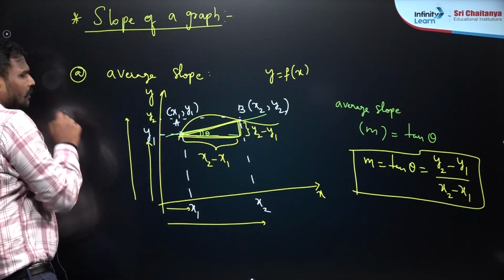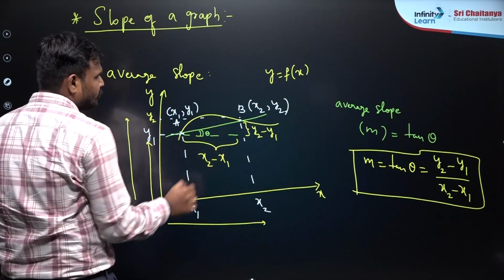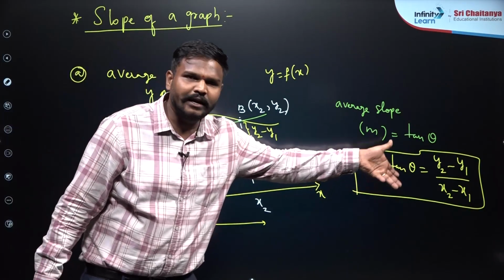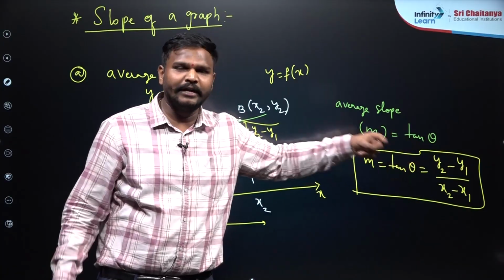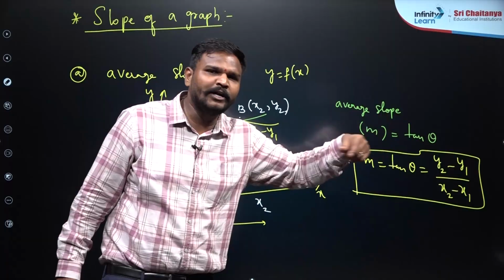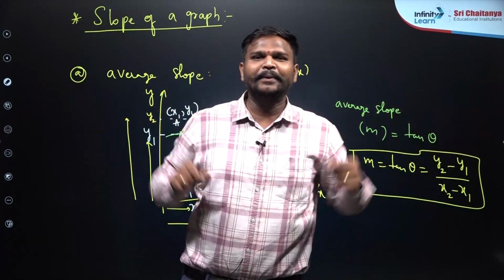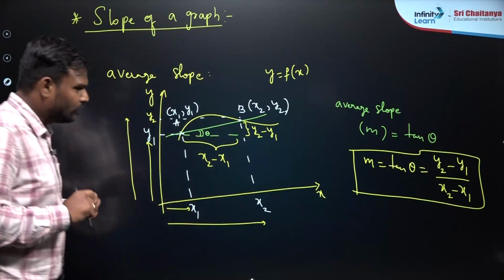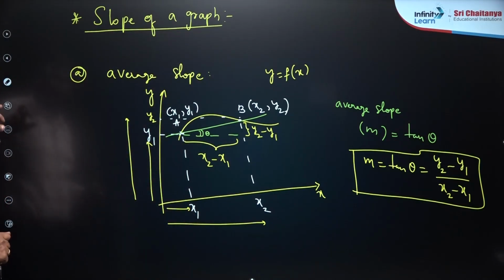What it is becoming, sir? Change in y by change in x. Okay, so that particular measurement, we are naming that particular measurement as the average slope between point A to point B. Is that clear? Right. So I'll try to change the slide, sir, now.